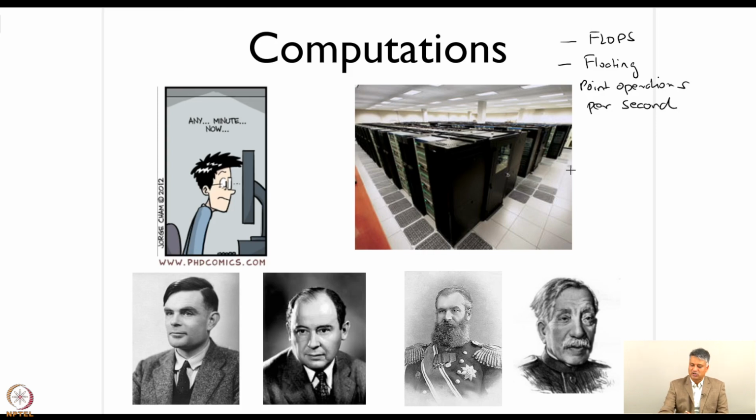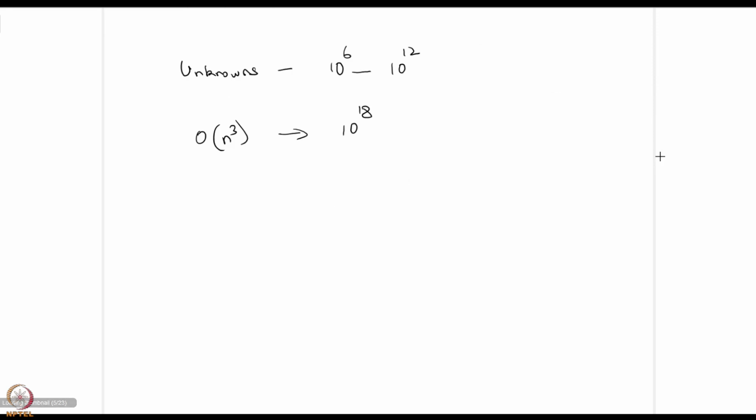And typically these large machines are able to do operations of the order of 10 raised to 12 to 10 raised to 15 floating point operations per second. These are normal supercomputers. The world's fastest ones can do much more than that. But you can quickly see how even a reasonably sized problem, which we said is of the order of 10 raised to 6, on a large enough machine could start taking a really long time if we used these so-called direct methods.